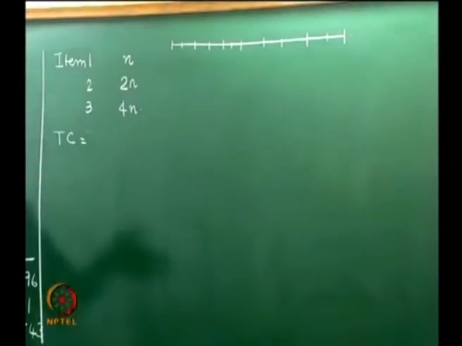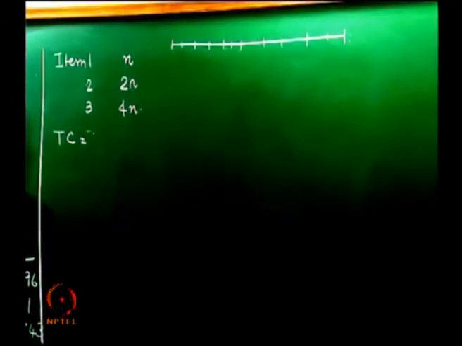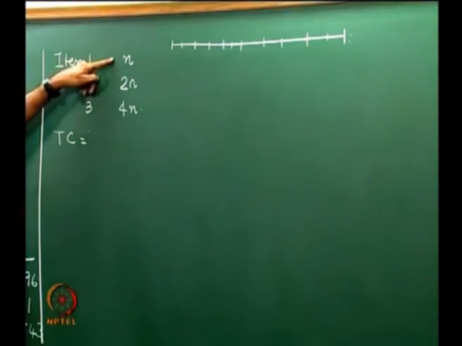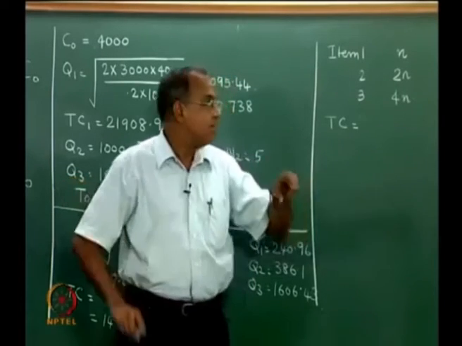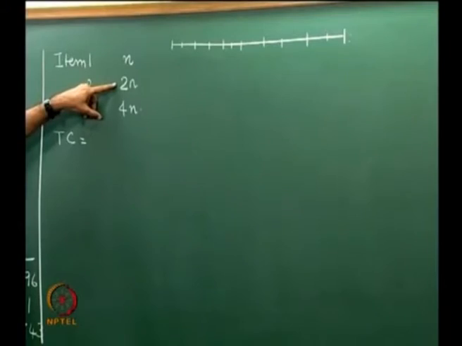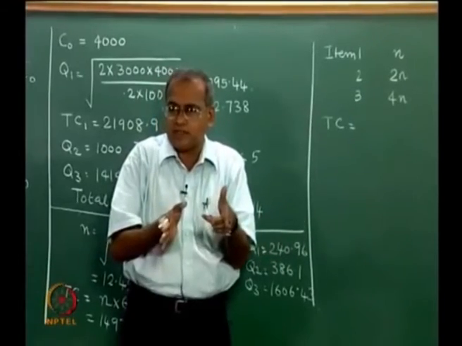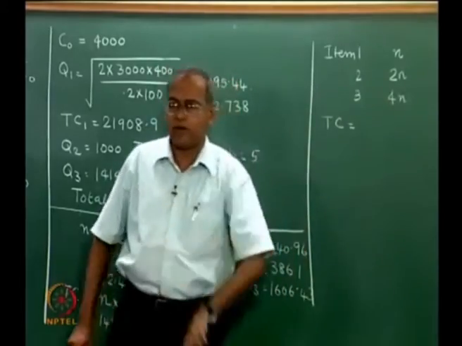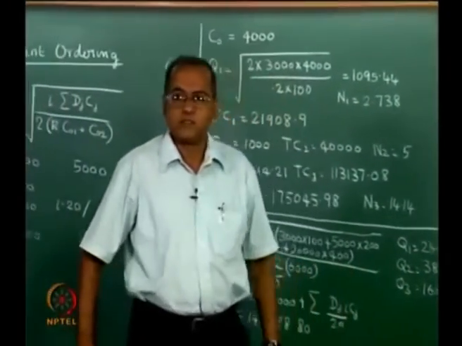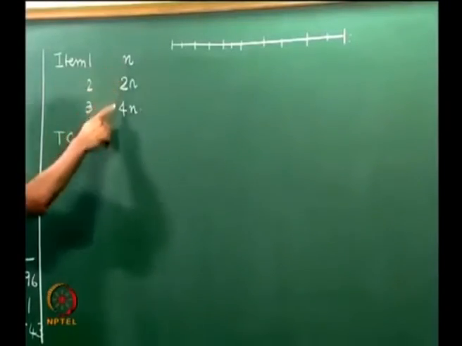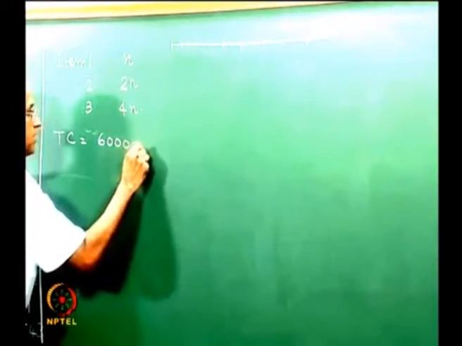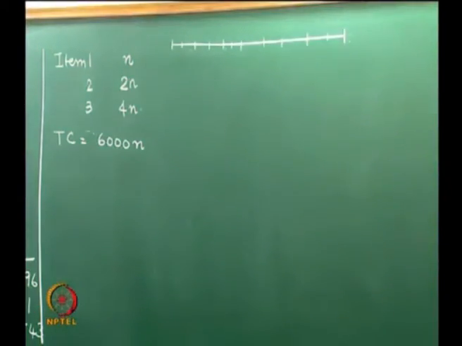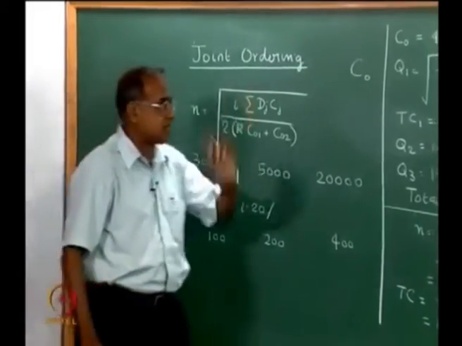So if there are 4n orders in all in a year, now for n out of these 4n, all 3 will be ordered together. For another n out of this 2n, 2 will be ordered together, and for this 2n out of the 4n, there will be a single order. So the total order cost will be, for n out of these 4n, the order cost will be 6000 n, because when 3 items are ordered together, the truck cost is 3000 plus 3 times admin cost of 1000 will give 6000.